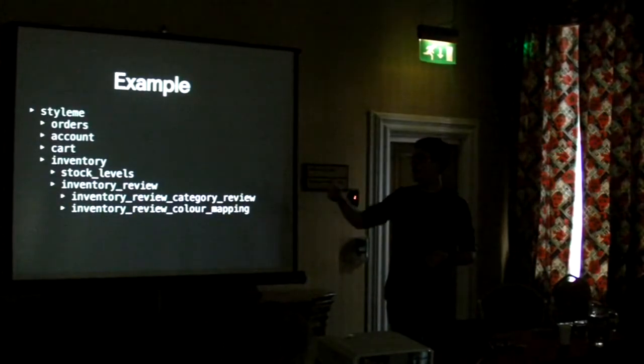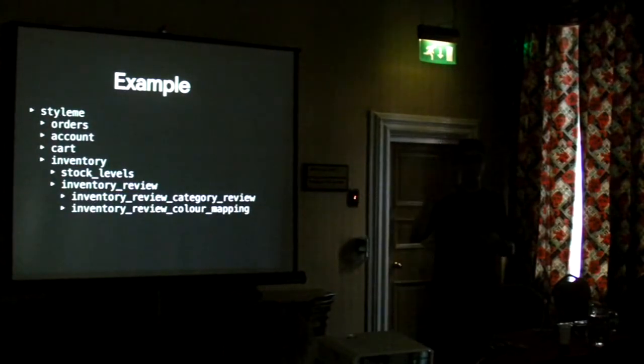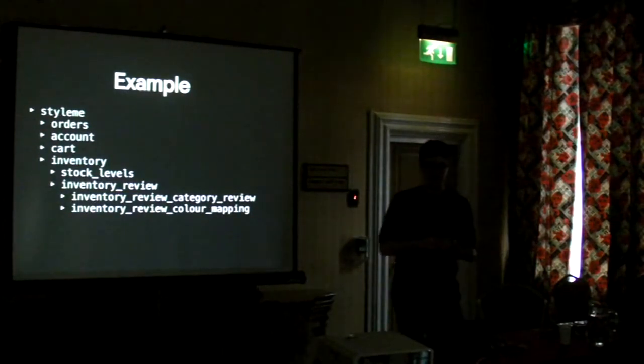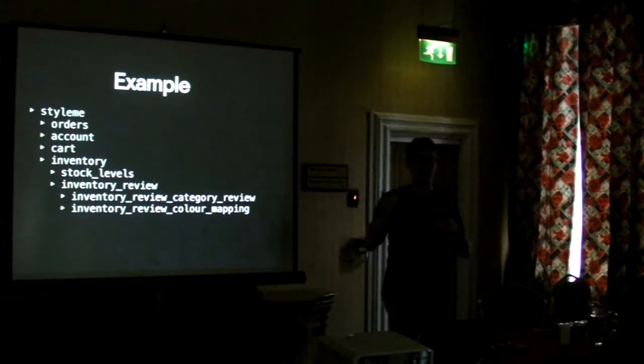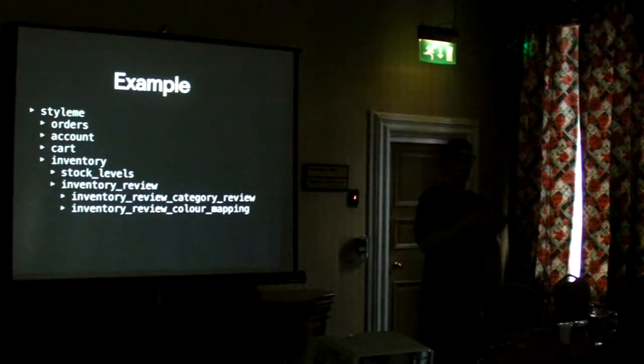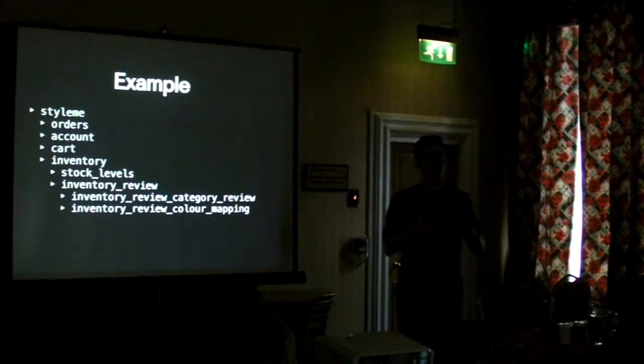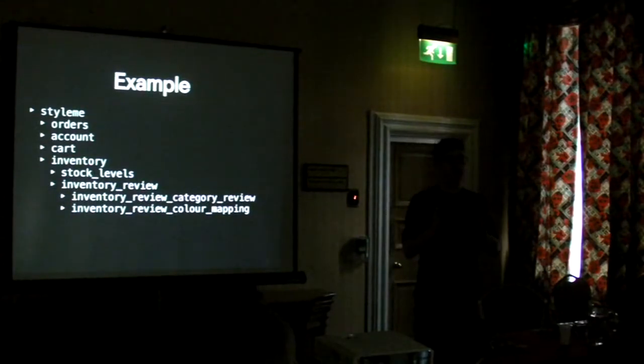They, again, only import up to inventory review, maybe up to inventory. Inventory review will contain all the models required for that review process. We can then isolate these stages of review, and it means that we can create new stages or drop old stages, or just work on one stage and keep it all in our heads at one time.